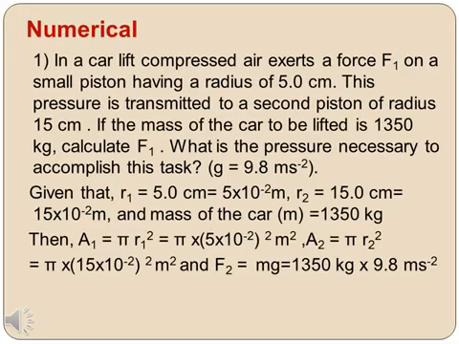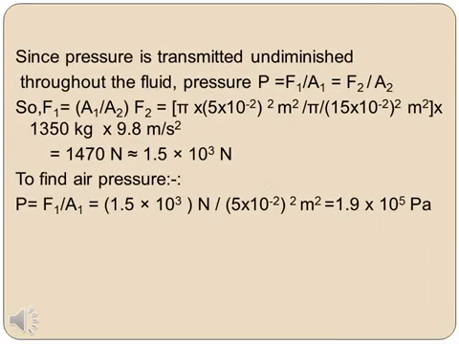Then what is the weight of the car? It is equal to its mass into acceleration due to gravity. Let it be F2. F2 is equal to mg is equal to 1350 kg into 9.8 meter per second square.